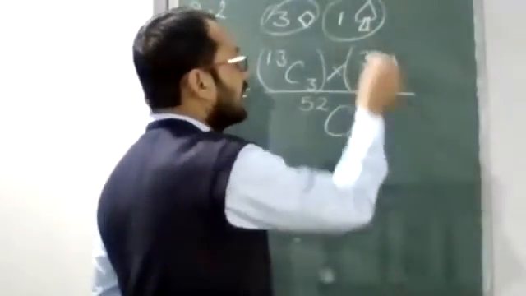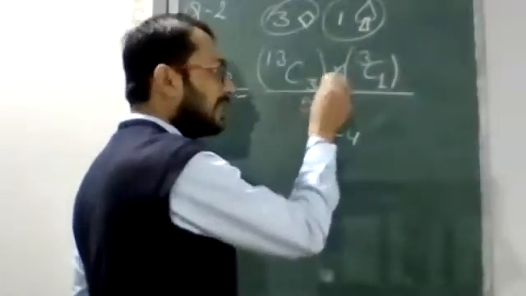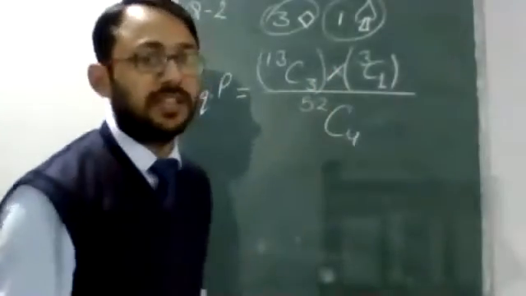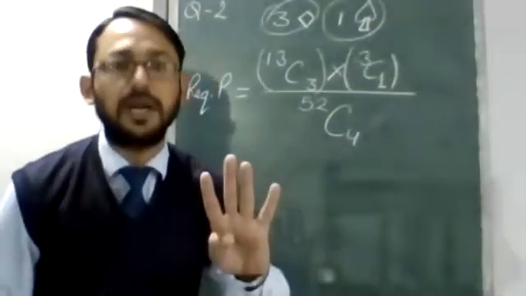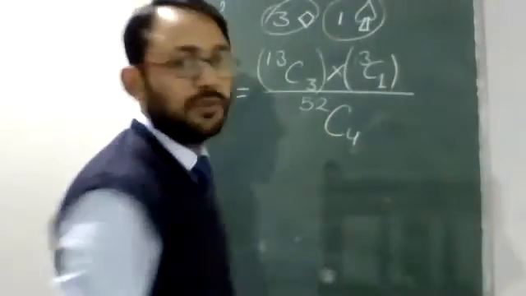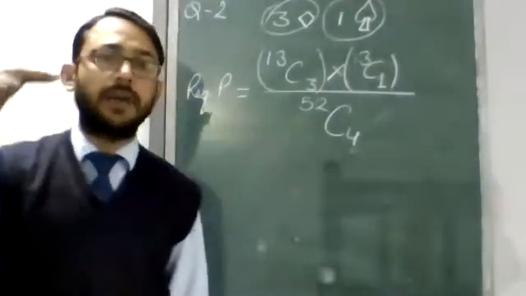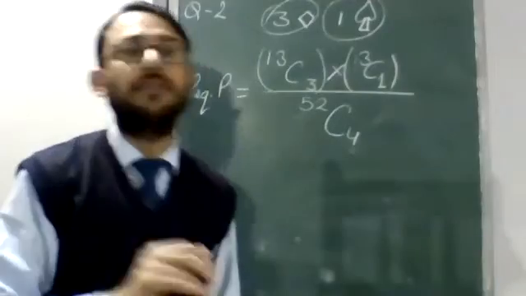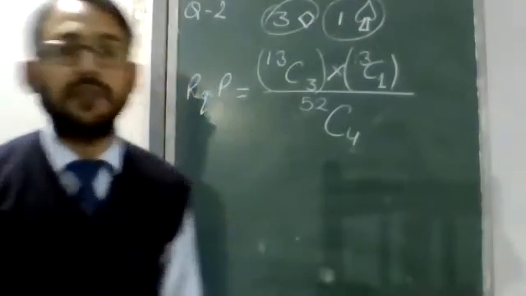So 13C3 times 13C1, divided by the total condition. Totally, we need to take out 4 cards from the 52 cards. Again, keep in mind this is without replacement. If it were with replacement, they would tell you in the question.